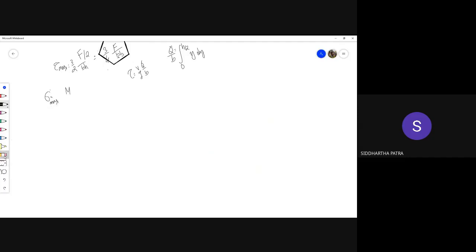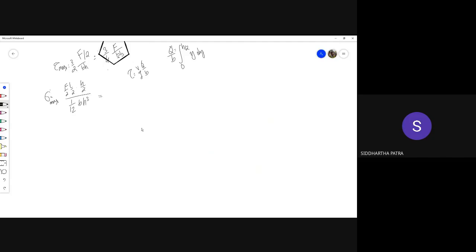For that, let us take the maximum bending moment, and we just established that was F by 2 times L by 2, and then H by 2 for the maximum Y, and then 1 by 12 B H cube.